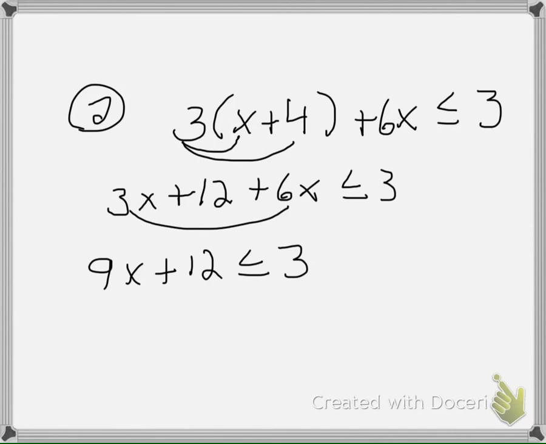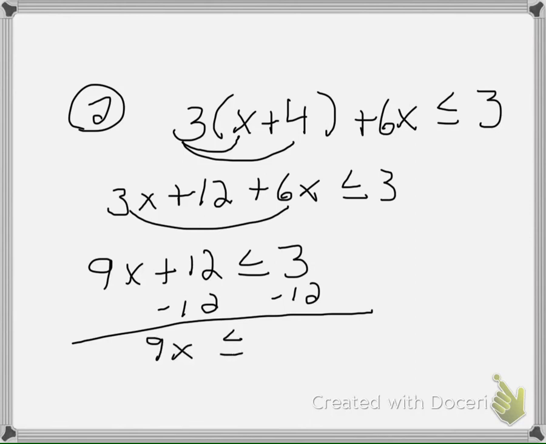Okay, now I need to get the variable by itself. Here's my variable. It is being multiplied by 9 and having 12 added to it. Which one do I get rid of first? If you said the 12, you're right. To zero out 12, I have to subtract 12 from both sides. 9x is less than or equal to -9.